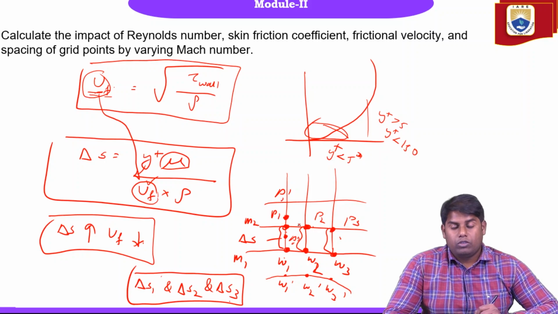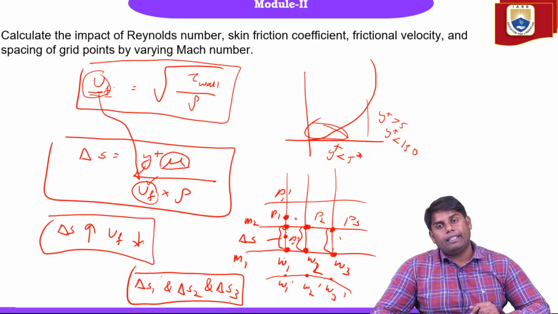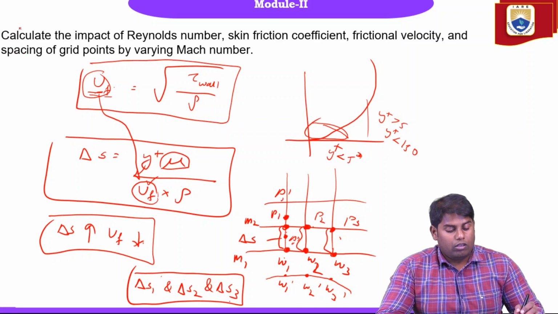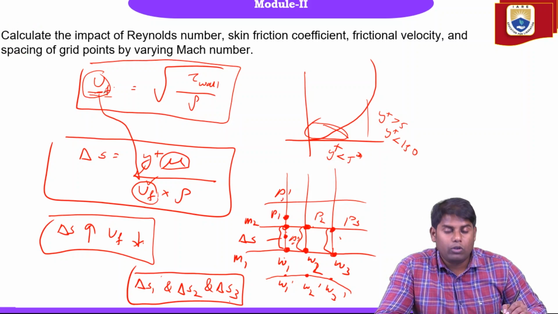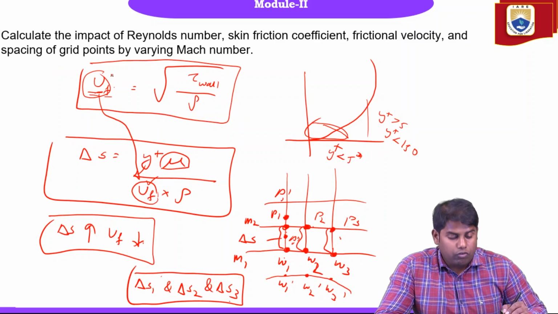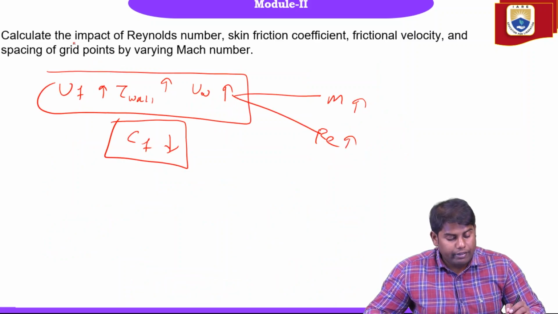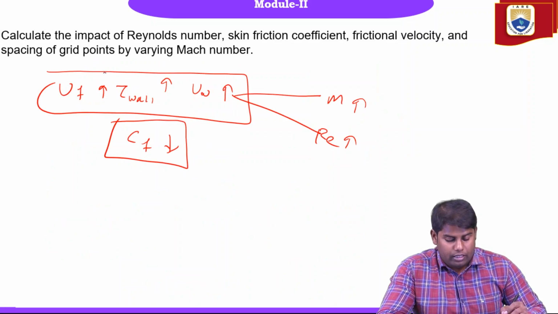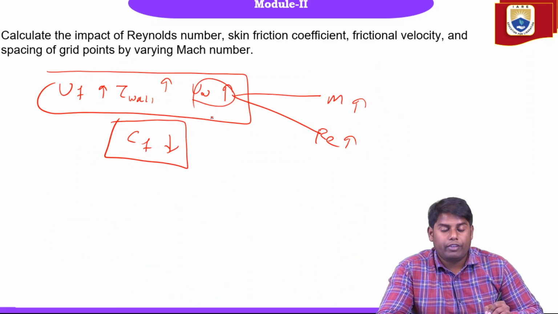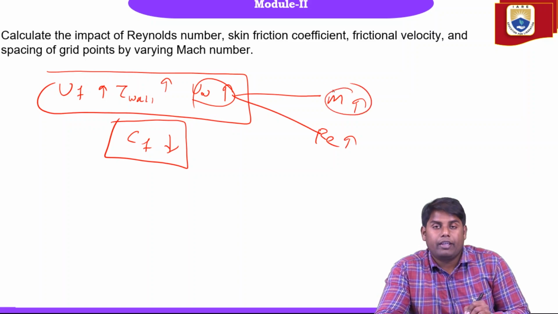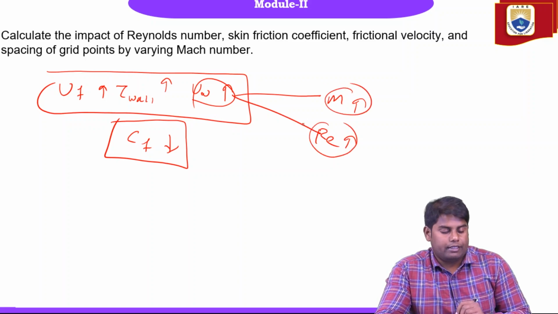Fine. So here we have seen clearly that the frictional velocity, or UF value, and tau of wall are proportional, and they will increase based on the free stream velocity U infinity. So when the free stream velocity U infinity increases, Mach number increases, Reynolds number increases.